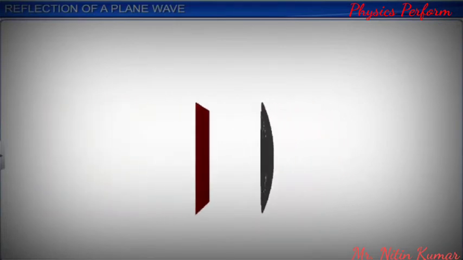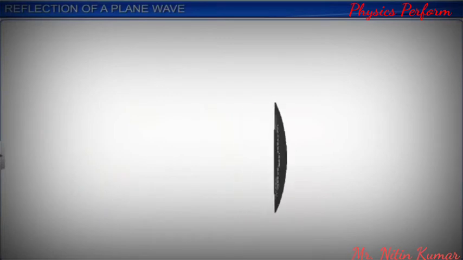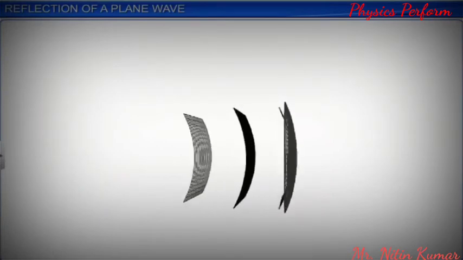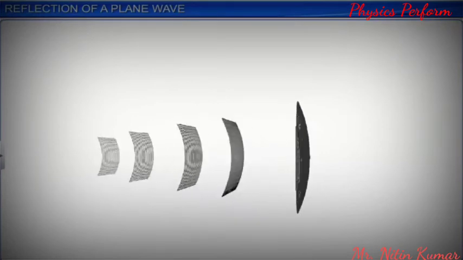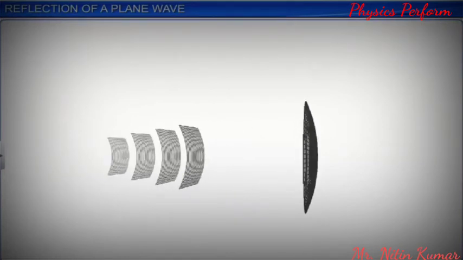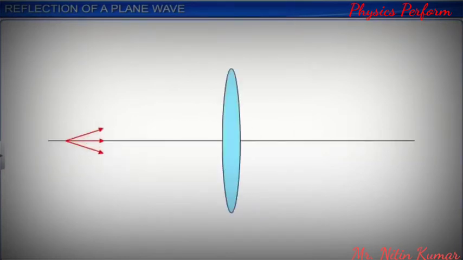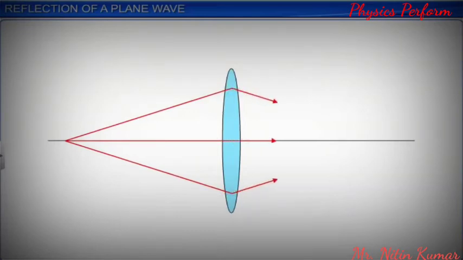If a plane wave is incident on a concave mirror, upon reflection, it becomes a converging spherical wave. Note that the time taken from a point on the object to the corresponding point on the image is the same measured along any ray.